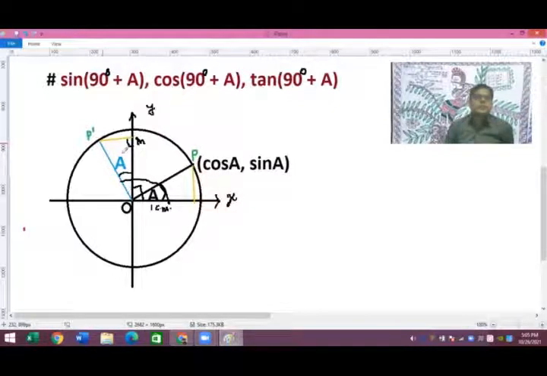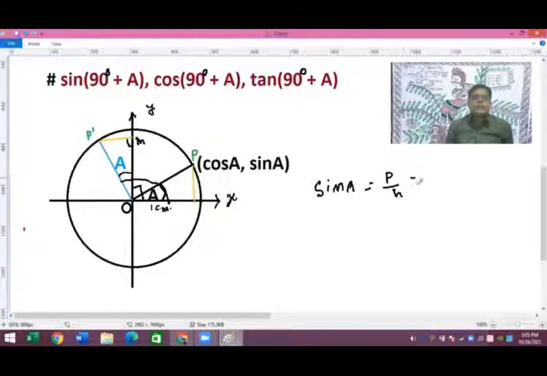So I'm talking in this small triangle here. If I talk about the x coordinate, the x coordinate is given by this line, which you can see in the slightly yellow color. All right, so first of all we use sine and cosine. Let me use sine. So sine A in this small triangle is P by H, and this is a unit circle having length 1 centimeter, or in general 1 unit, so its hypotenuse length is also 1 unit.